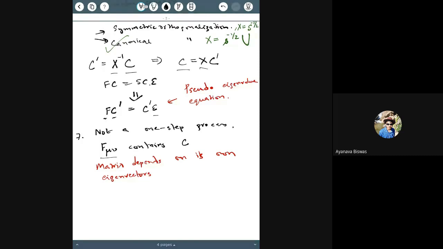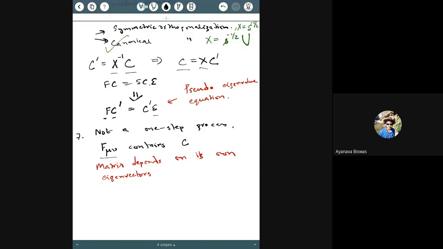The short thing is that here the Fock matrix contains the eigenvectors. So it is not a one-shot procedure. You first have a guess eigenvector, and then when you get the actual ones, you replace the guess with the actual ones, and then you repeat and repeat till the orbitals of the earlier step and the orbitals of the current step are not much different.